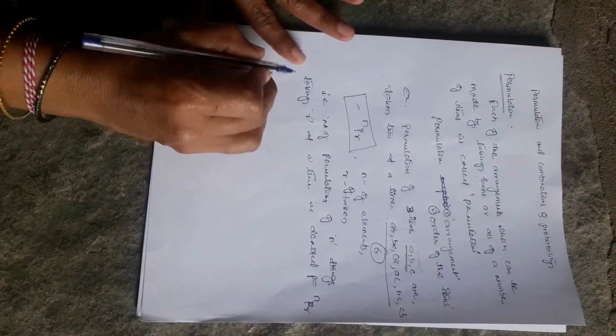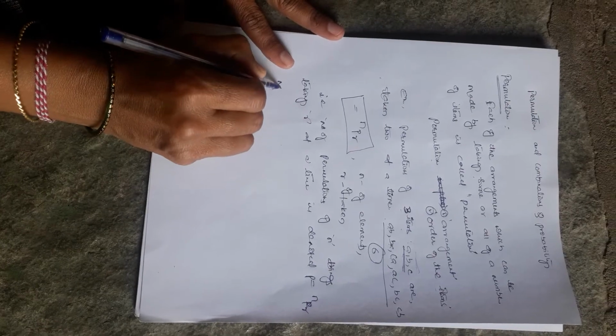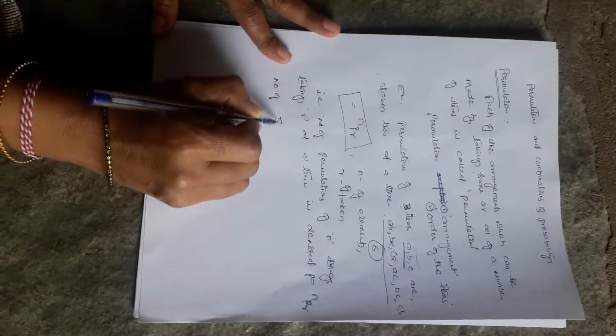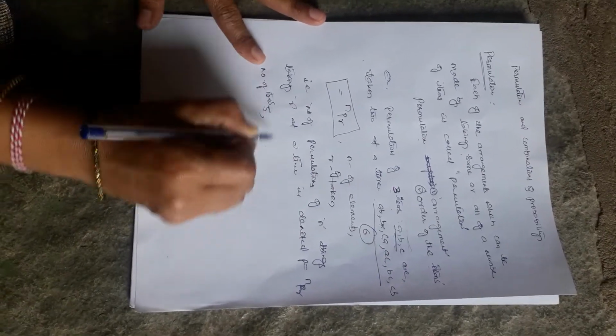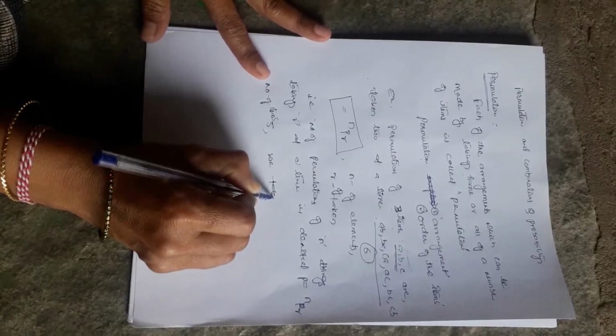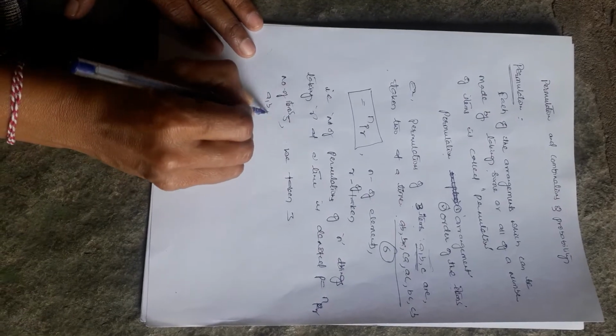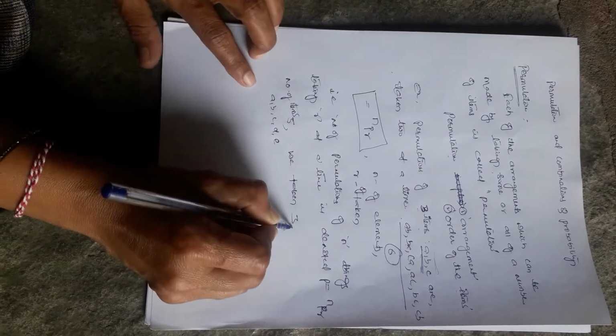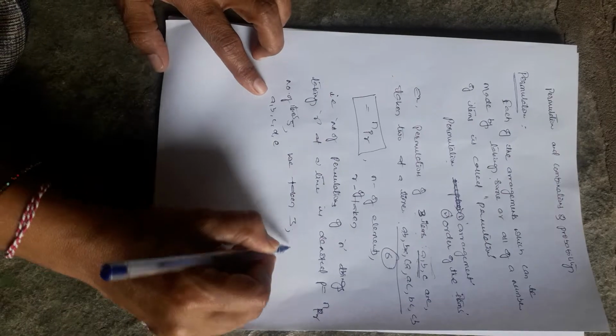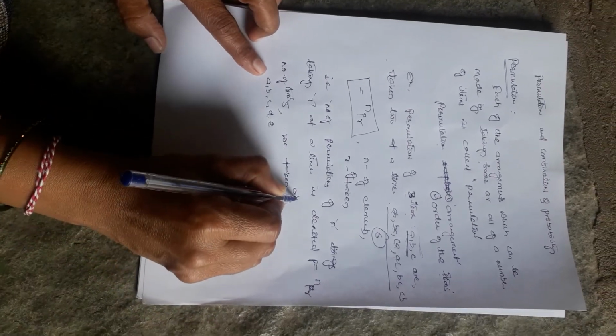For example, if the number of items is 5, and we can take only 3 items, what are the possibilities? Suppose A, B, C, D, E are the elements. Out of these items, we can take only 3 elements.